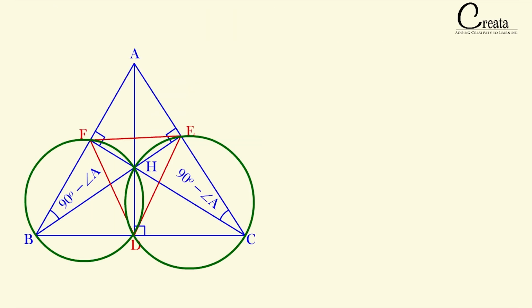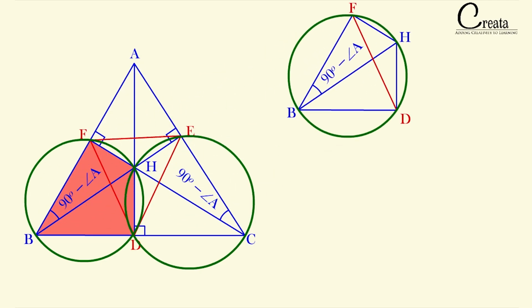Let's come back to our main lecture on the orthic triangle. Okay, we are back. Here also the same fundamental will be applicable. That is, these two quadrilaterals will be cyclic quadrilaterals. Got it? Let's take the first cyclic quadrilateral, that is BDHF.